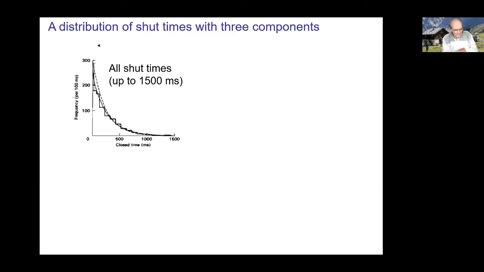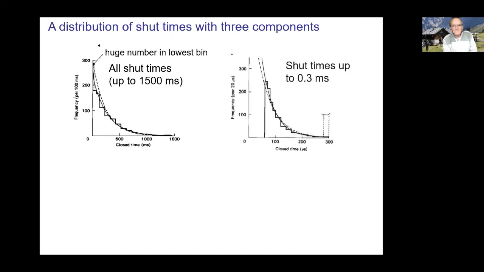This shows from our earliest work in 1981 or so, a distribution of shut times, and this really illustrates the beauty of the log plot. This was the distribution of all shut times up to 1500 milliseconds, 1.5 seconds. It looks as if it fits okay, except there's a huge excess in that first bin, which you can't see very clearly there. But they were obvious.